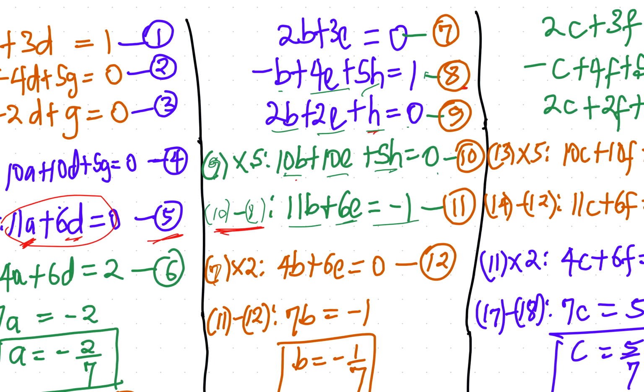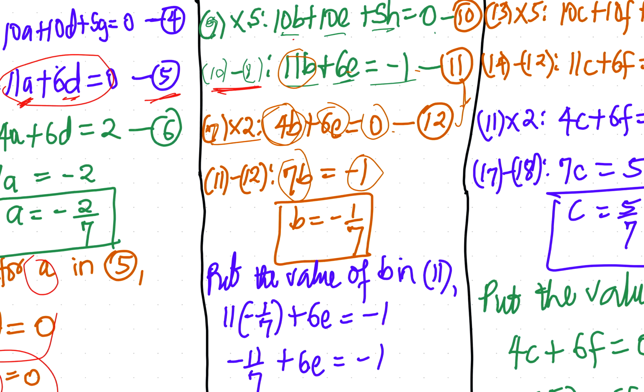So that's 2 times 2b, that's 4b. 2 times 3e, that's 6e. 2 times 0 is 0. Okay. Now the next thing is to say equation 11 minus 12. So that's 11b minus 4b, that is 7b. 6e minus 6e gone. So minus 1 minus 0, that's minus 1. So for b itself, divide both sides by 7. So you have b equals minus 1 over 7.